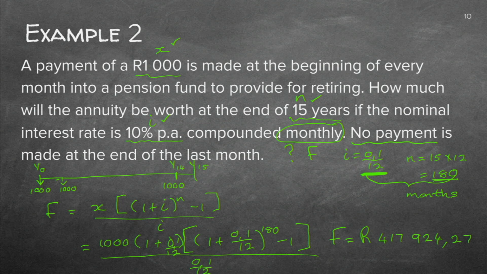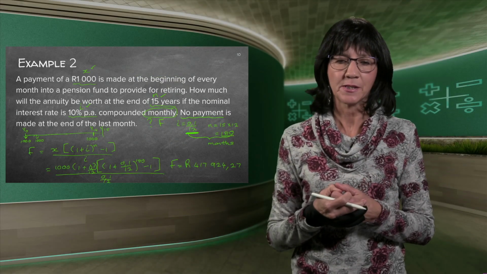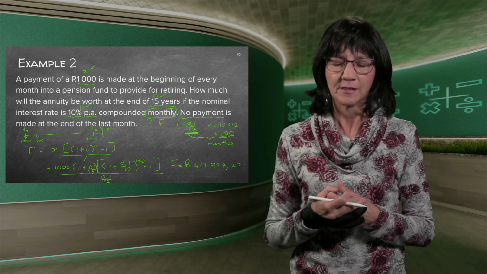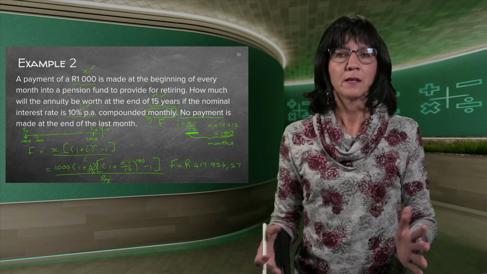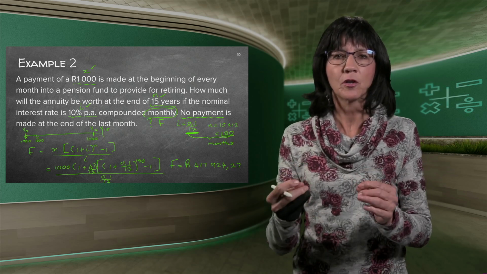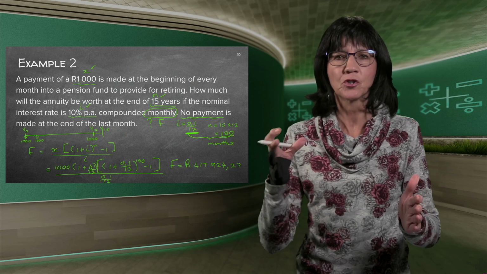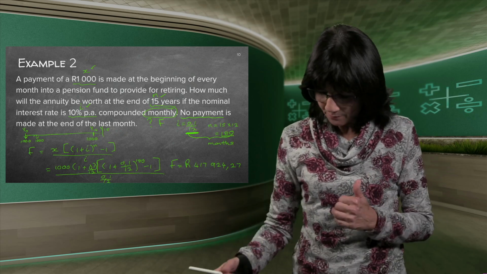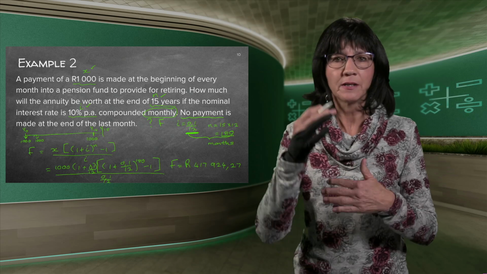So it's 417 thousand rand over 15 years if you put in 1,000 rand, and your interest rate is 10%, which makes sense. Good. So again, it's the one and only F formula. The only thing that differs a little bit is when you start and when you stop paying. So go through those 3 pages that I showed you in the beginning, the summary.